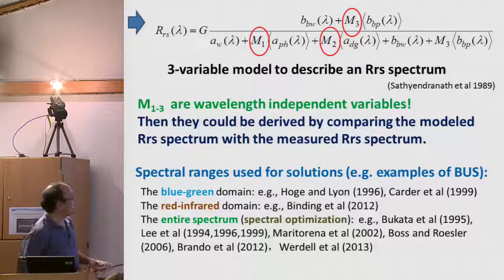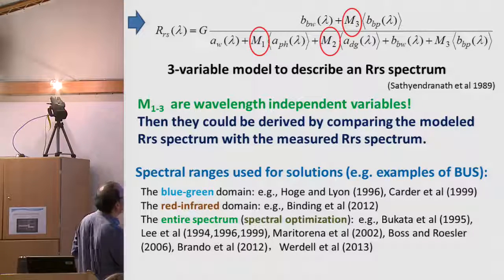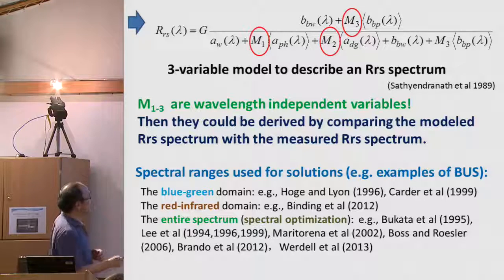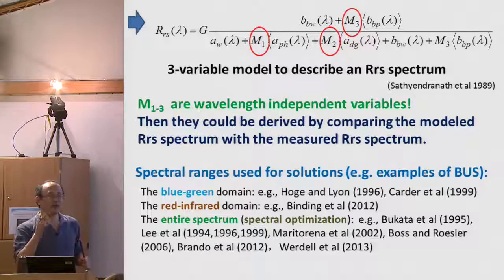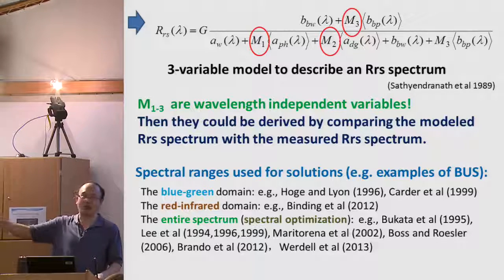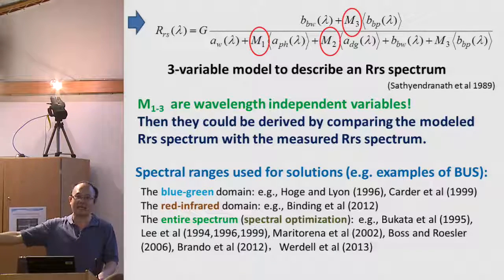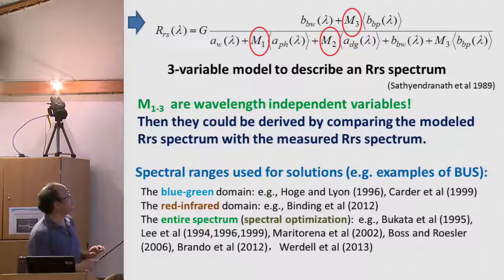The spectral range usually used is the blue-green, or sometimes the red and infrared, as I will cover in the next slide. Or normally we use the entire spectrum, from 400 all the way to 750, or 400 to, say, 670 for satellites. We use the entire spectrum to do optimization to solve these 3 unknowns.